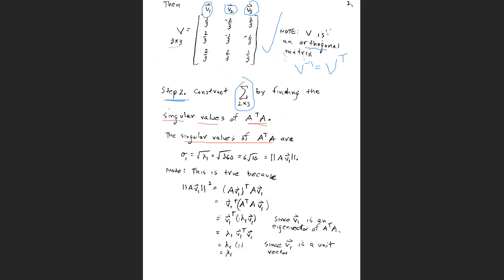It's just a property of that matrix product. Let's look at these singular values. So the first singular value, and again, I'm going in order. I take the highest positive eigenvalue, that's 360. And the first singular value is called sigma 1. This is a capital sigma, and this is a lowercase sigma.